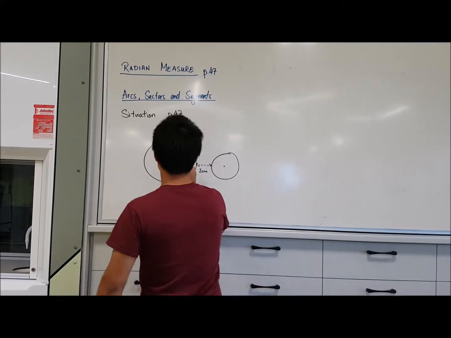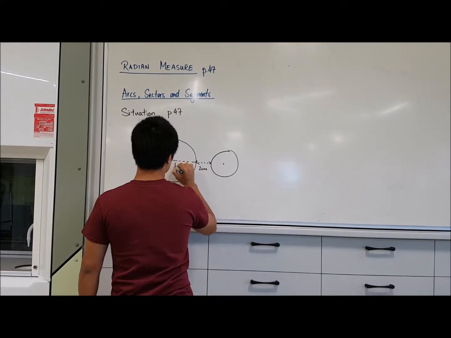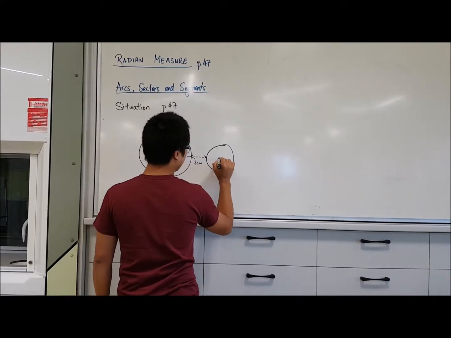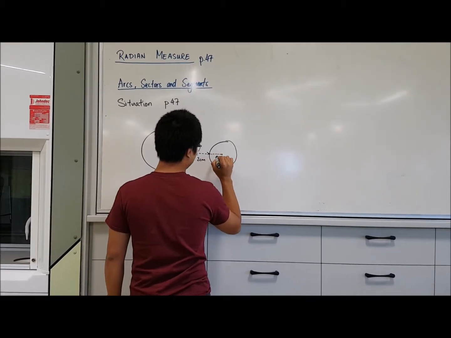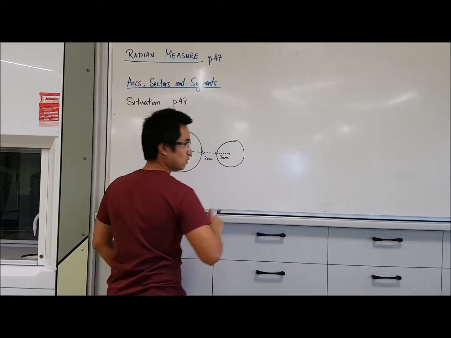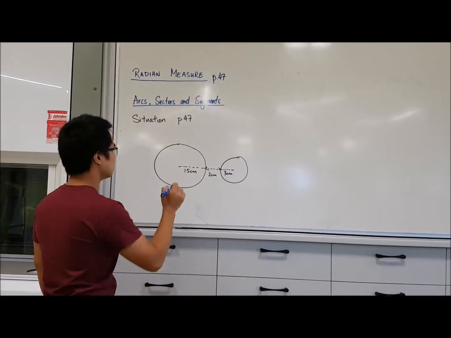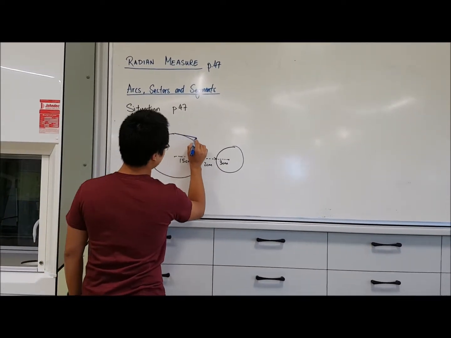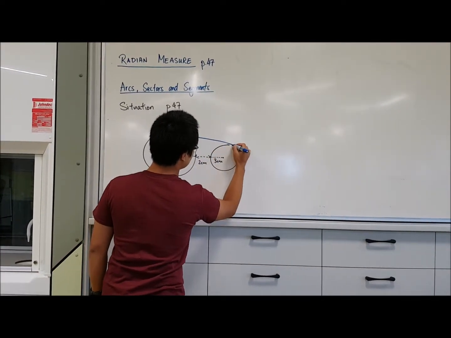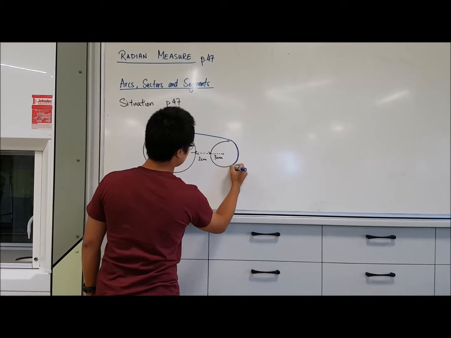So the large wheel has a radius of 15. And the small wheel a radius of. And you have to design a belt, a conveyor belt, a belt that goes around both of these circles.